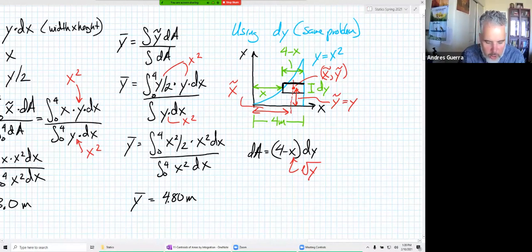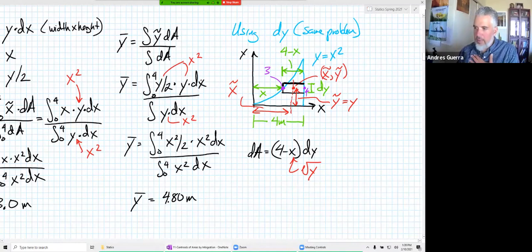What if I told you, let's put some numbers to this. What if I said, you know what, this value right here for our particular differential element, let me just throw some numbers. What if this was 3 and, well, we know this over here is 4. What would x tilde be, anyone, if the left end of that rectangle is at 3 and the right end is at 4? What's the numeric value?